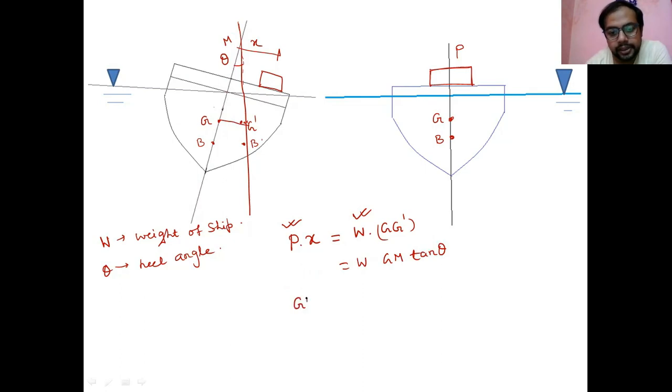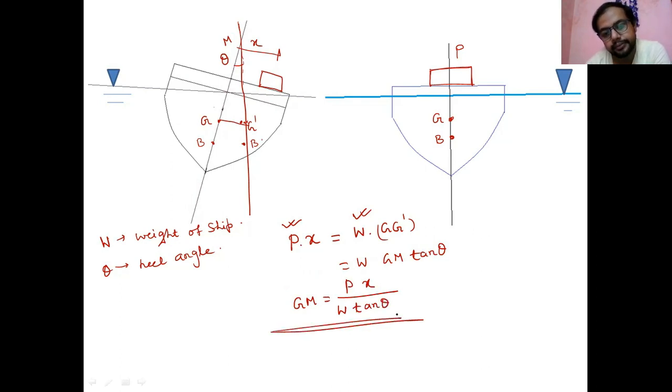So from here, the GM value is another way to find the metacentric height for the loose weight: P x divided by W tan theta. That is another expression for the metacentric height. But now we discuss its importance. Again and again I am telling you, keep the metacentric height as high as possible, then stability will be maintained.